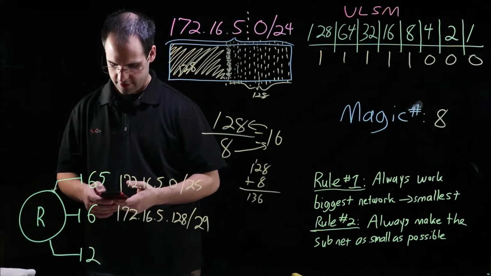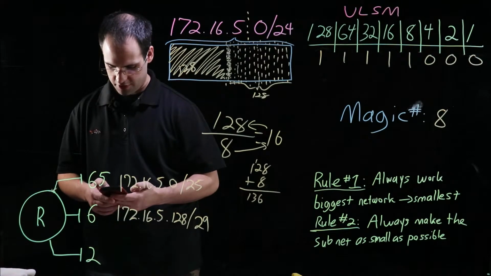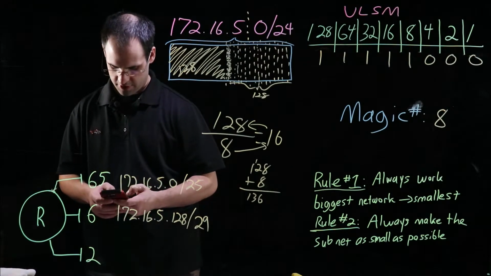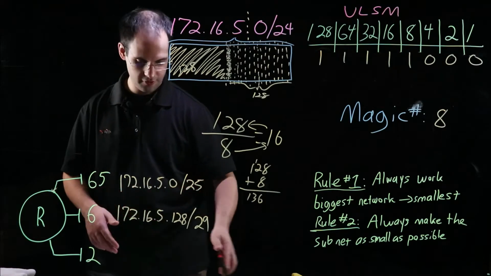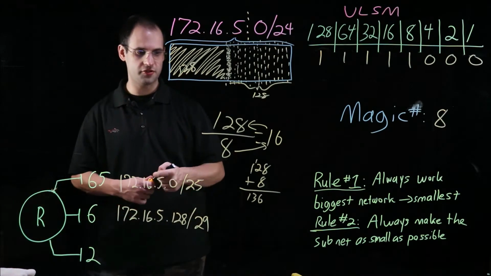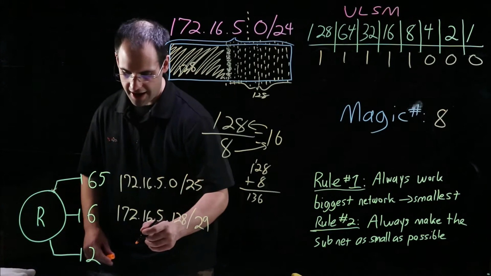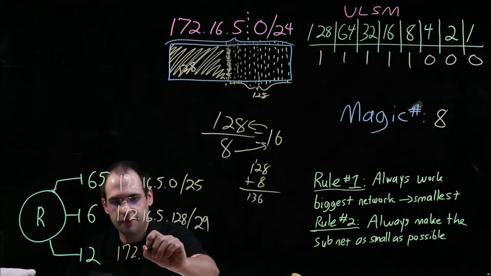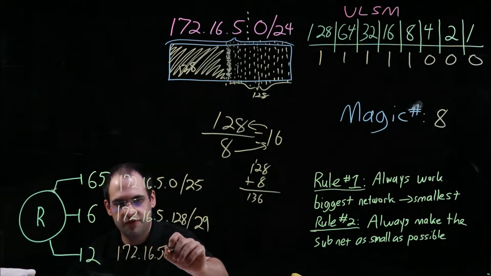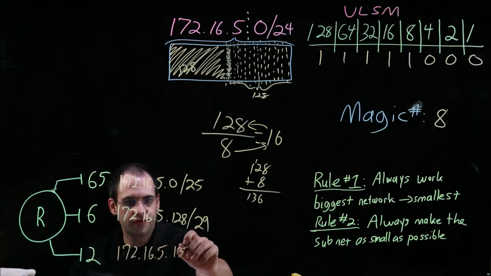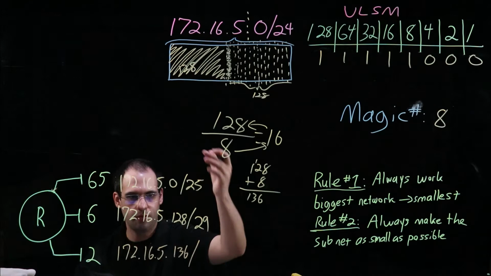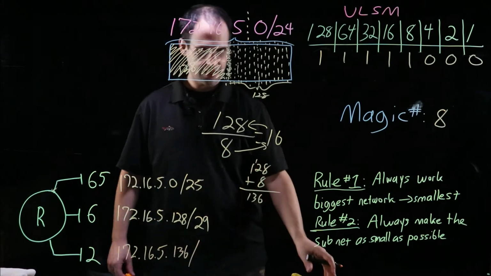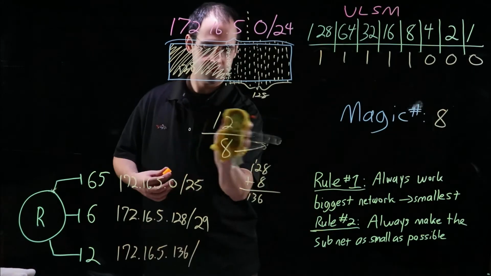Again, never too proud to use a calculator. 128 plus 8, yep, 136, okay? Always double check your work. So now I know that this network, 172.16.5.136, is the beginning of my next network, however big it may be. And I can move on.